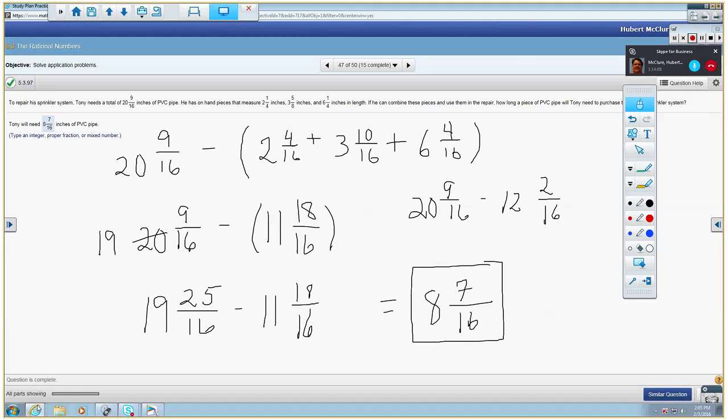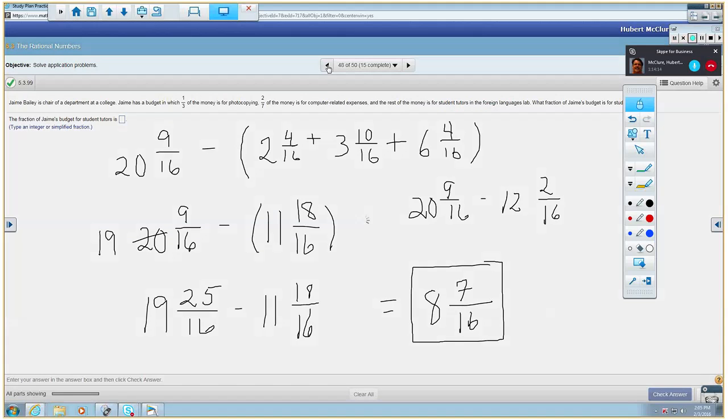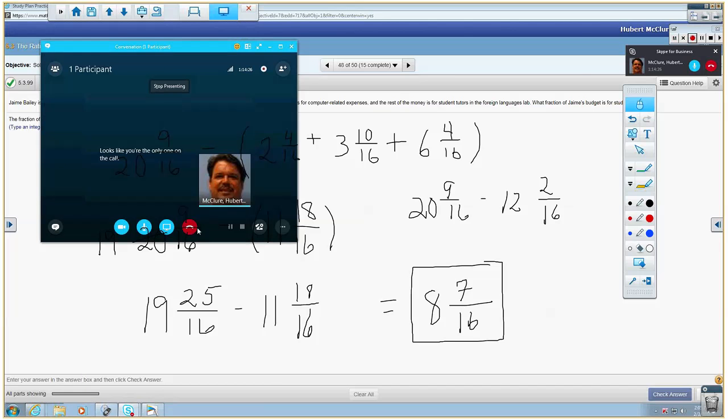What do you think? That's 47 out of 50. We got 3 more to go, but we can do those later. Just remember, we're on 48 out of 50. We got 2 more to finish up this section of homework. So we'll finish those next time and go into the next section, which is 5.6. Okay?